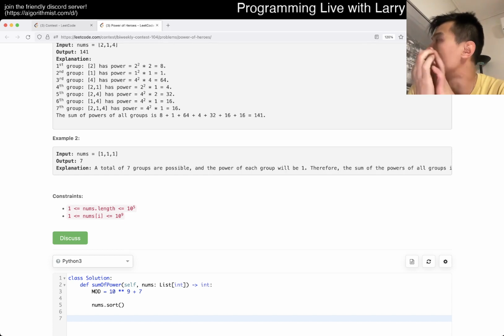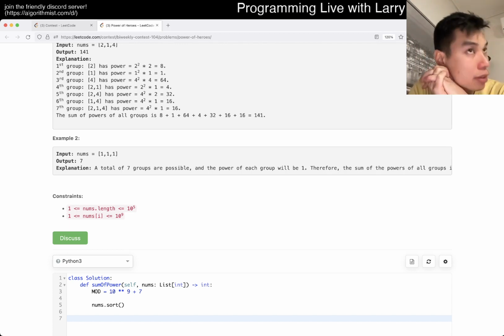If I is the min, what am I doing? If I is the min, then if I is the max, then you just sum up all the things.